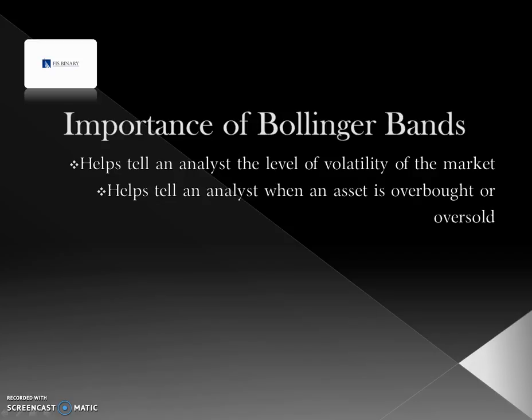Some of you might be wondering, what is the importance of a Bollinger Band? A Bollinger Band helps tell an analyst the level of volatility of the market of an asset. If the bands widen, it indicates that the market is very volatile, and it gives an indication as to whether a trader should avoid trading at that particular point in time, as the trader's strategy does not favor volatility.